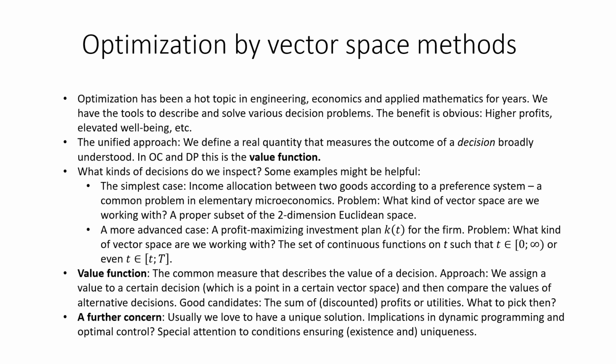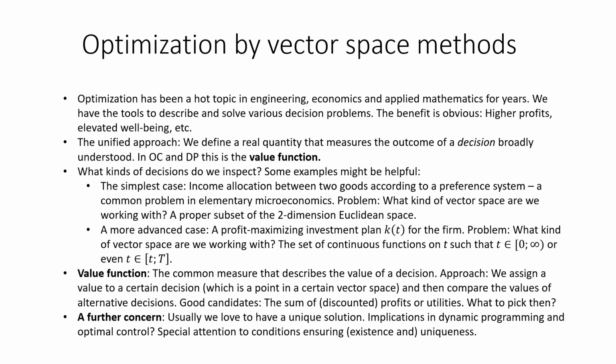So in the first example, where the agent is supposed to find the optimum allocation of its income, the vector space is a regular two-dimensional Euclidean space. The alternative decisions are points from the positive quadrant of the two-dimensional Euclidean space. And this value function is simply, we will see, the utility function of the agent.